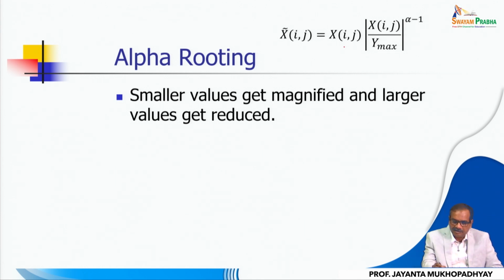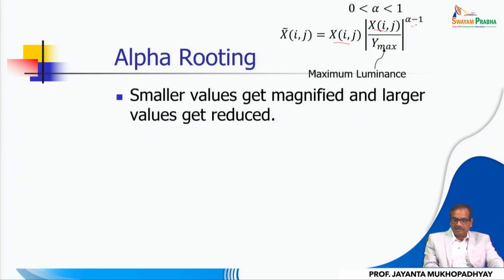This is the operation. Any particular value is taken in this way. It is actually taken for AC coefficients also. All the coefficients are modified in this fashion. Here y max is a parameter, the maximum luminance.